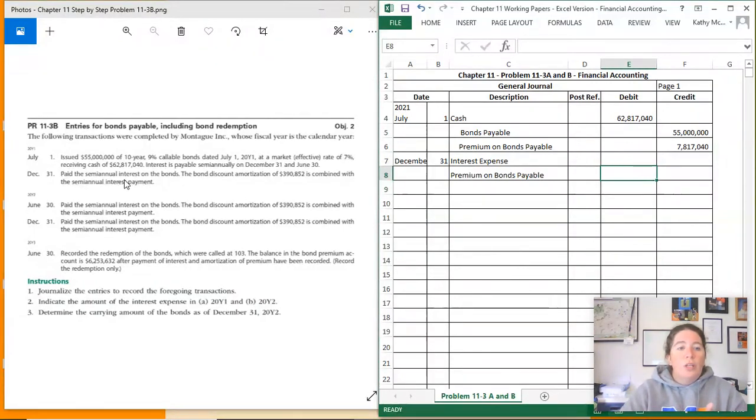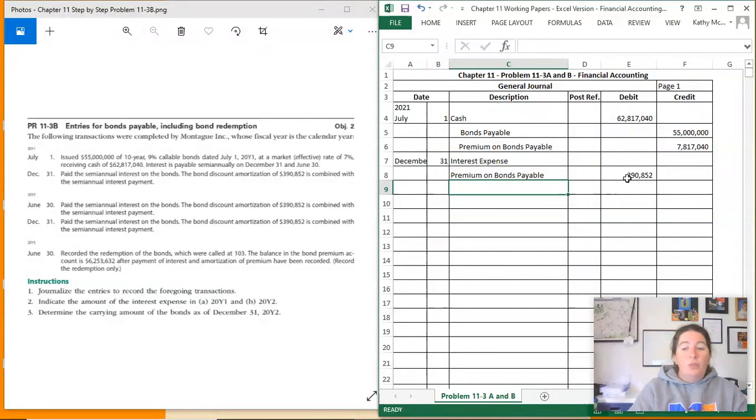If we look in our textbook, it tells us the bond discount amortization of $390,852 is combined with our interest payment. So that $390,852 is what's going to go in that premium on bonds payable debit box. Please note, if this was a discount, that would be a credit.